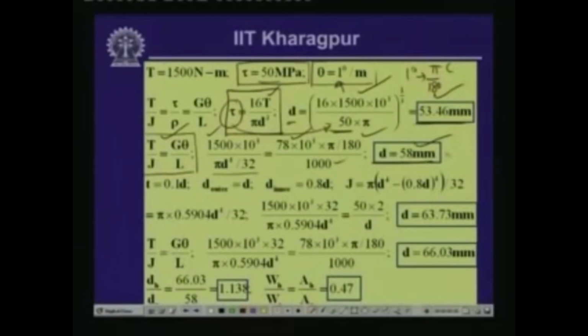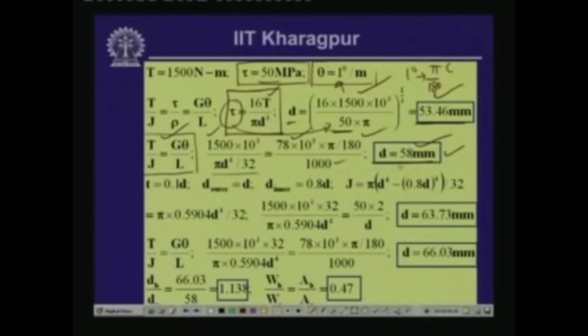If we select the lower diameter, it will satisfy the stress criteria, but it will fail in the rotation. If we take the higher diameter, which is necessary for the twisting angle, then it will satisfy both the criteria. Hence, the higher diameter is to be selected. So, the selected diameter in this case will be 58 millimeter.